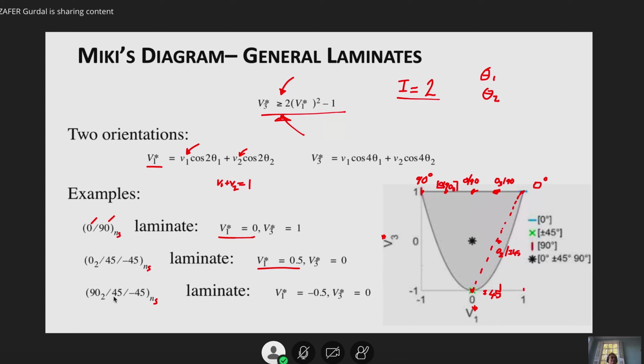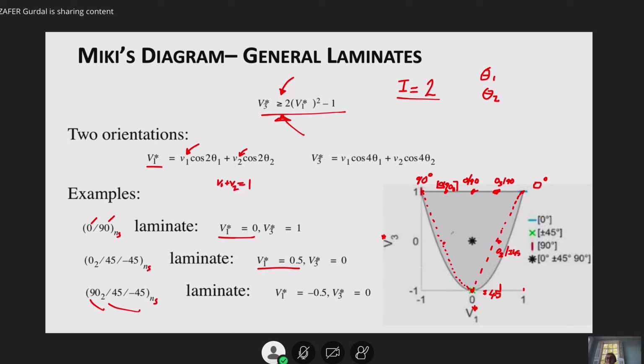Now, if you take, say, two 90-degree plies and plus minus 45, then you get a point about right here. And that will be halfway along the straight line, not a curve, from plus minus 45 to 90.